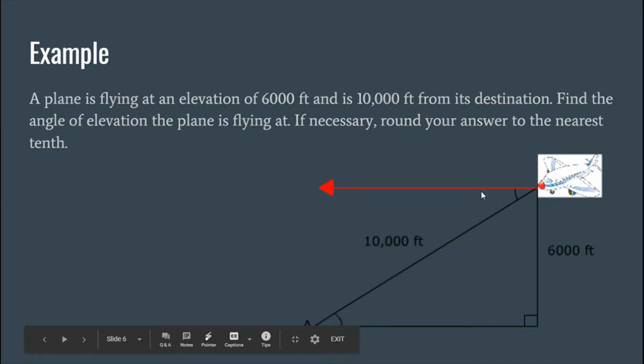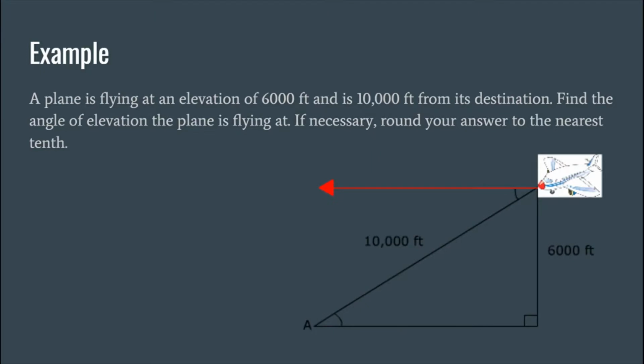Now the angle of elevation, so think of this bottom side as your horizon. When you elevate, you're going up, right? So going up gives us this angle right here, angle A. Sorry about that, it's kind of blocking there. So angle A is going to be our angle of elevation. Because we don't have all the sides labeled here, we're only going to use a particular trig function.